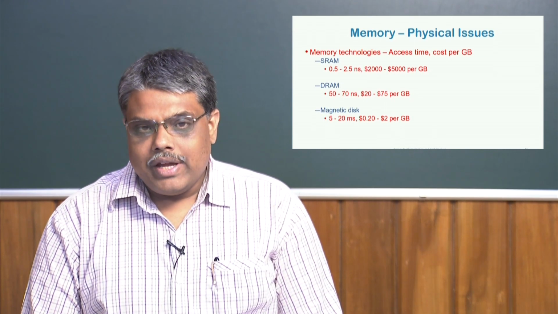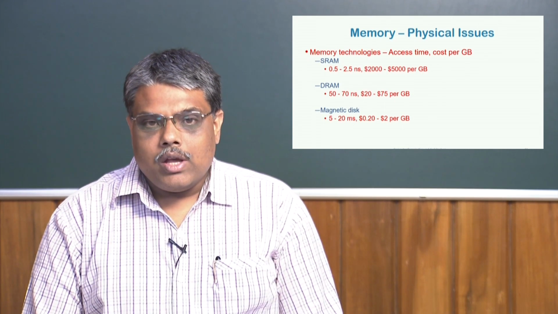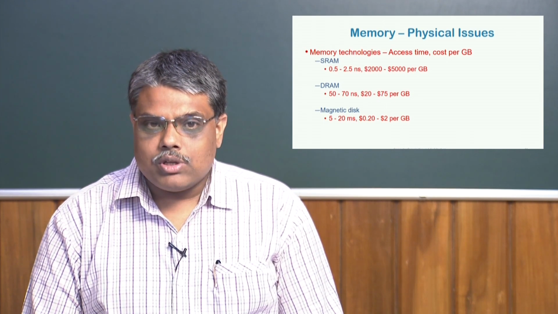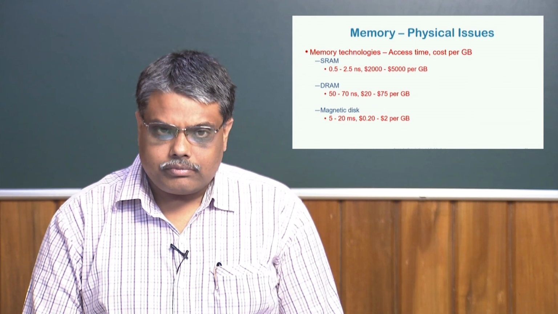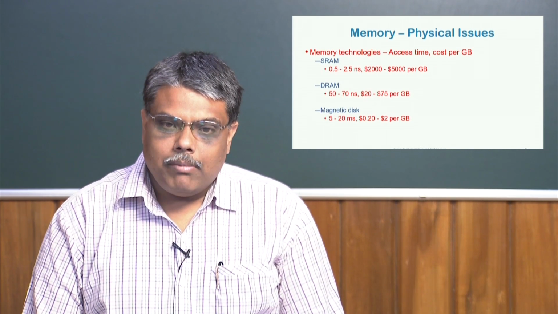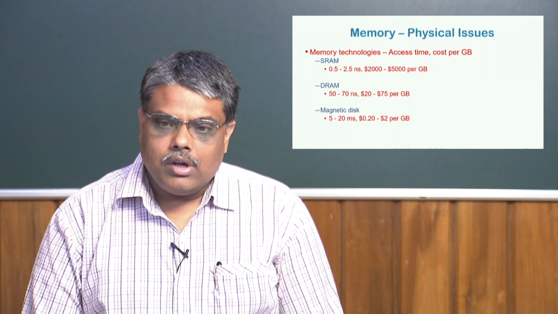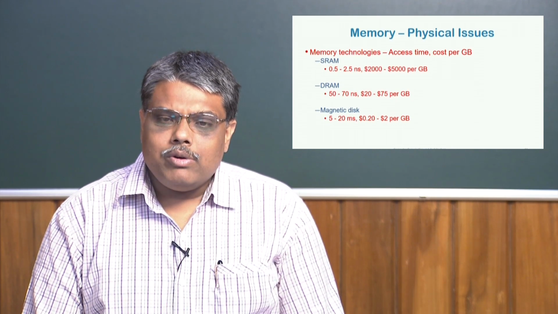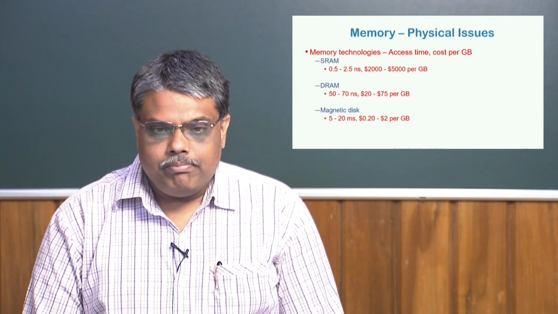We have DRAMs, which are about 100 to 150 times slower than SRAMs. That means, to bring a certain amount of data, a word, from DRAM, the processor will require about hundreds of processor cycles.